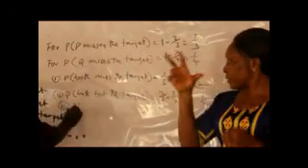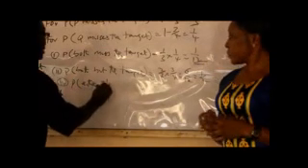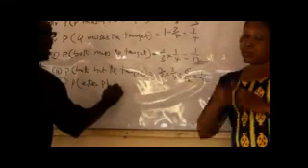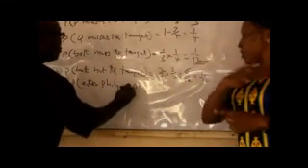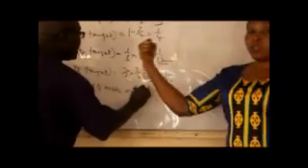So number 3, only 1 hits the target: either P hits and then Q misses, or Q hits and then P misses.